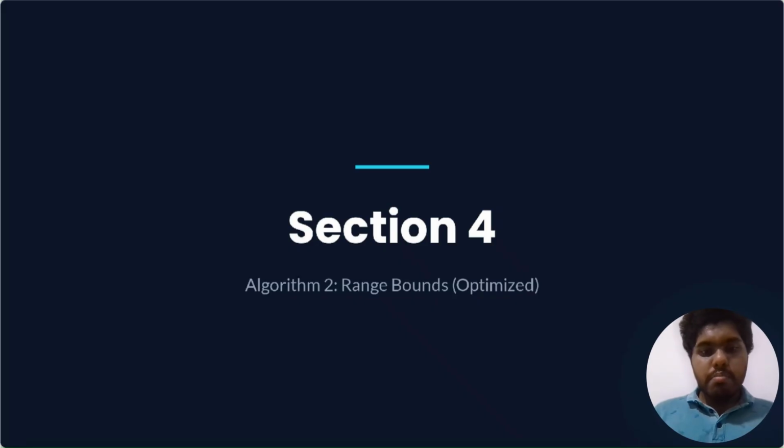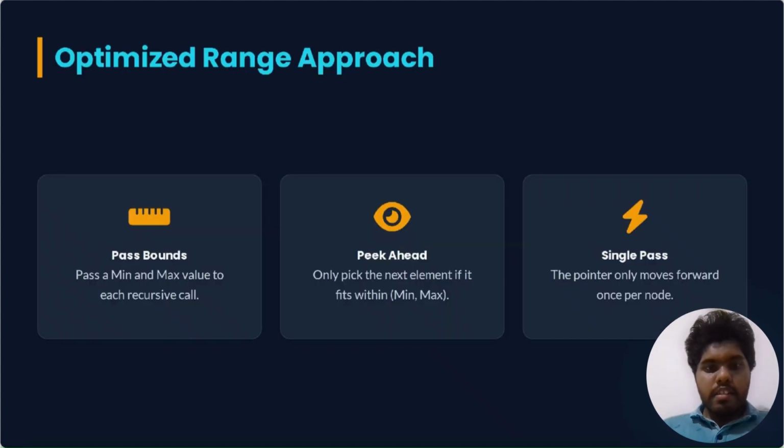Section 4. The pro-level approach. Algorithms to range bounds. Instead of scanning the array to find a split point, we use constraints. We pass a min and a max bound to every recursive call.